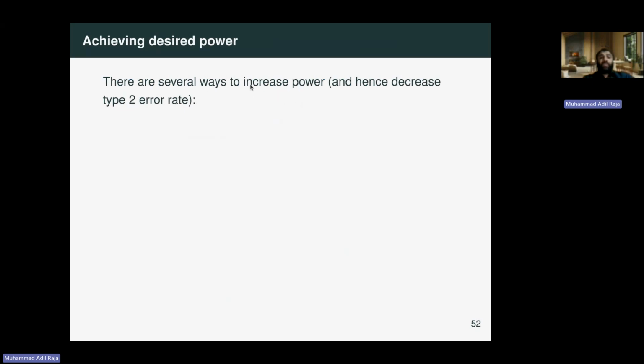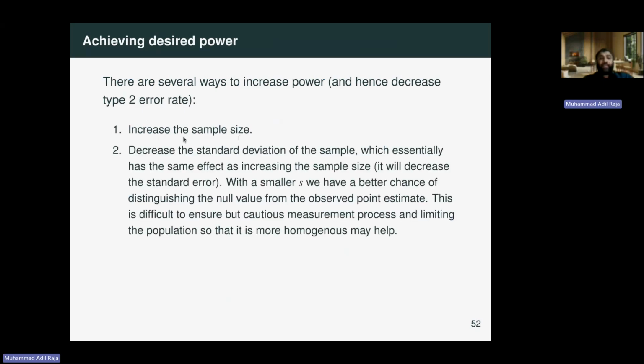So there are several ways to increase power and hence decrease type 2 error rate. I must go back to that slide once again. Increase the sample size. So either you increase the sample size or decrease the standard deviation of the sample, which essentially has the same effect as increasing the sample size.